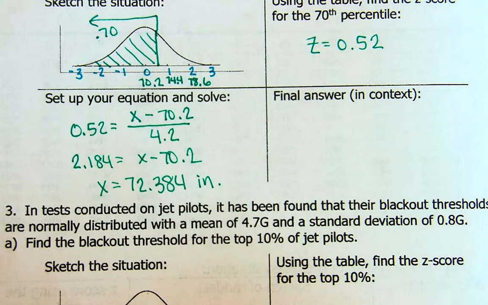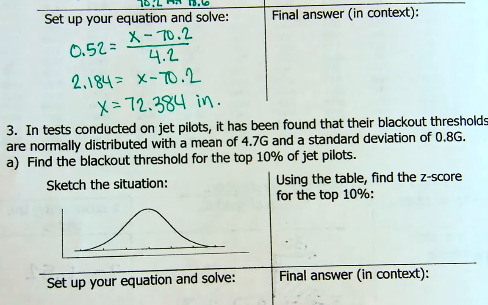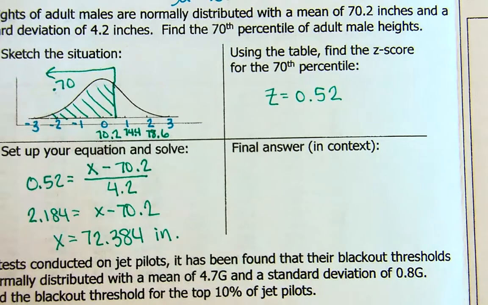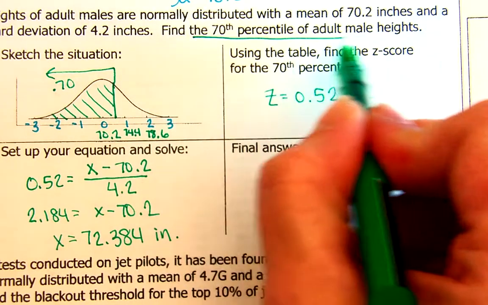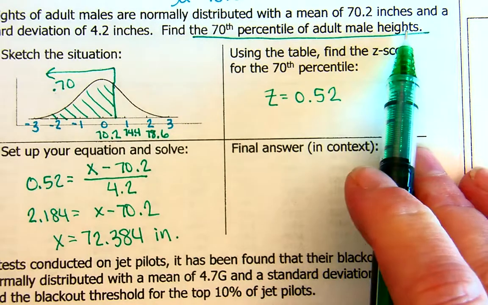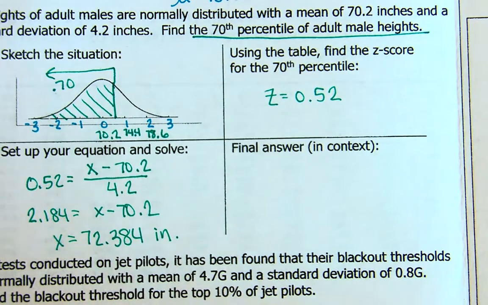We're good with solving for it? Do we get that? Now to write the answer in context, we look back at what it said, find this, so we're just going to write this is 72.384 inches.